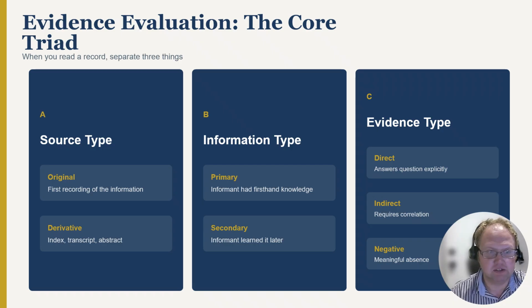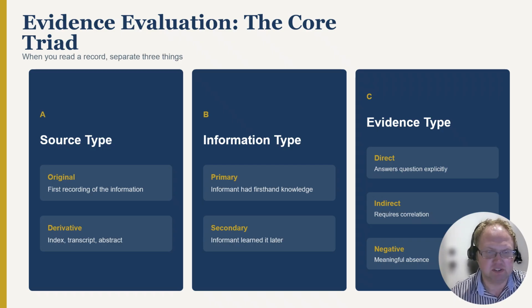The same record can actually contain both types. A death certificate typically has primary information of the death itself, but secondary information of the deceased's birth, since the informant usually wasn't present at the birth, unless it's a small child where the parent was the informant.